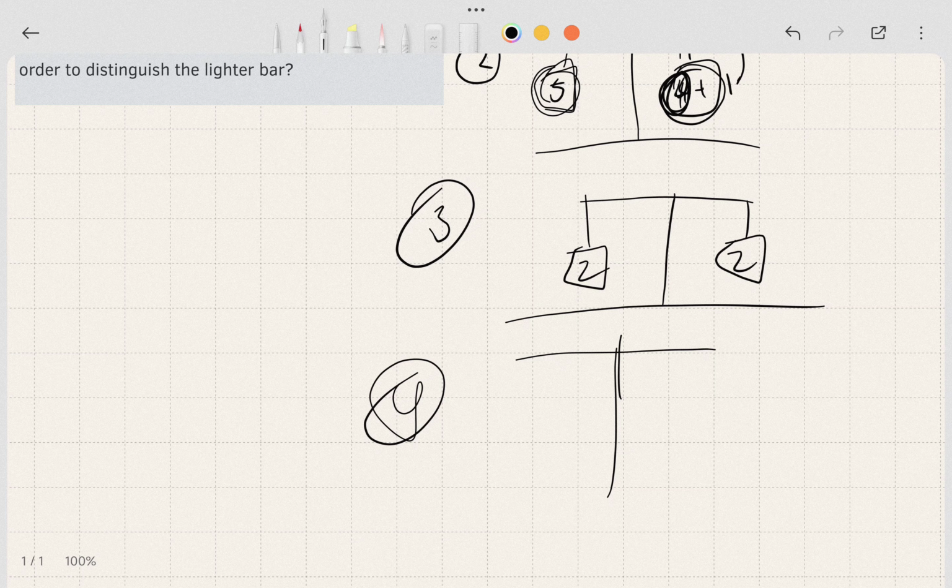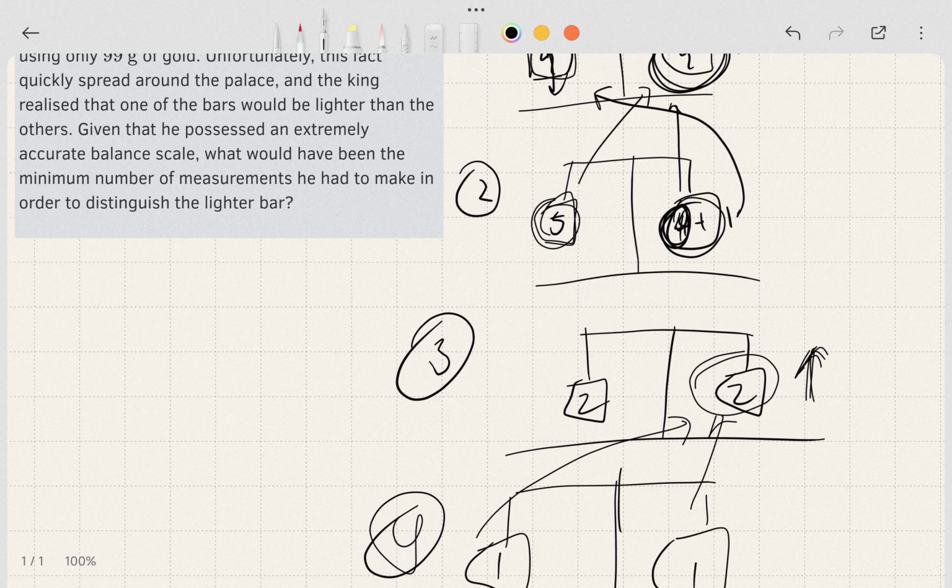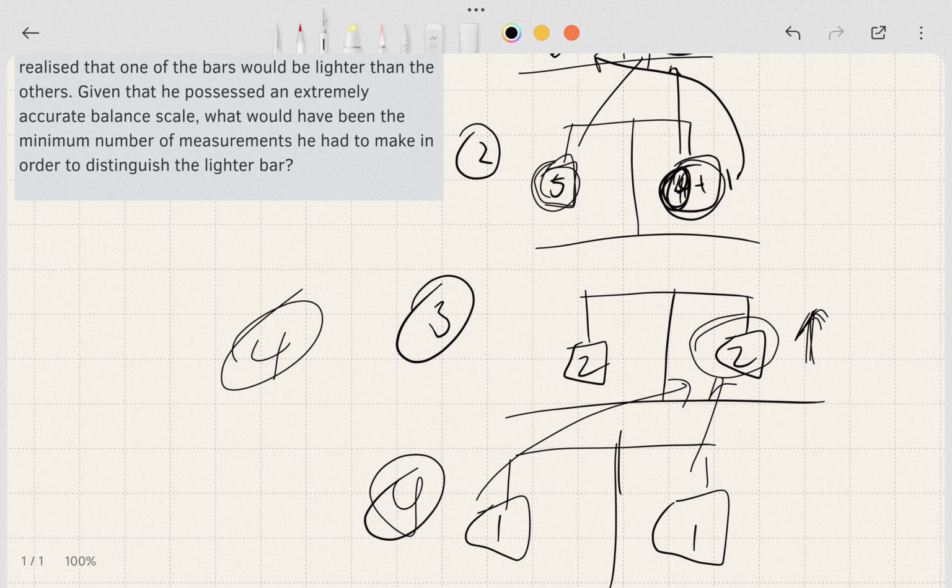Then the fourth test is you test one of the 2 that has the defect. The defective one would be lighter, therefore moving up on the balance. So I think the minimum number of measurements he had to make was 4 measurements, and 4 measurements would be sufficient to determine the defect.